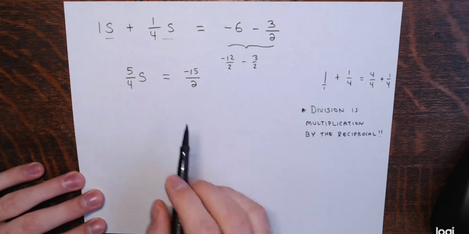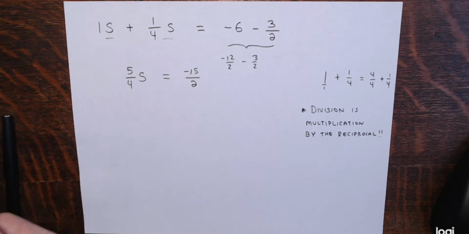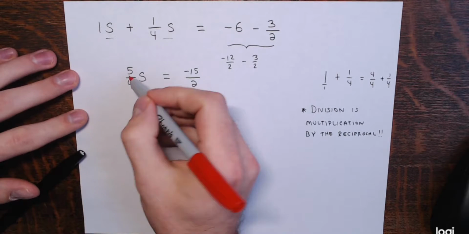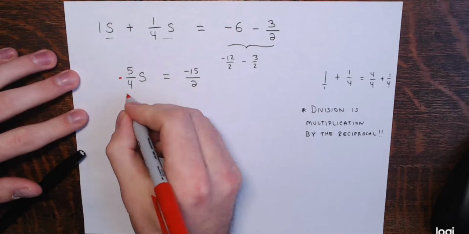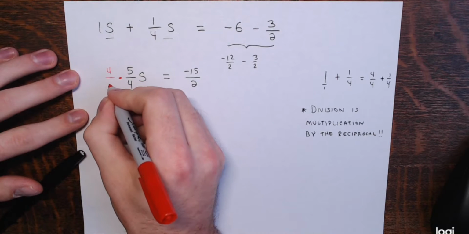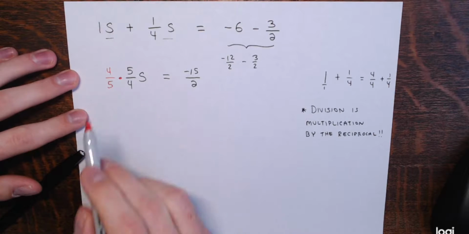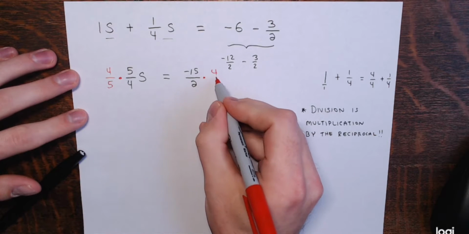So instead of dividing by 5/4, I'm going to multiply, and I only do this really with fractions. Instead of dividing both sides by 5/4 to get s alone, I'm going to multiply by the reciprocal of 5/4, which would be 4/5, times 4/5, and do the same thing over here, times 4/5.